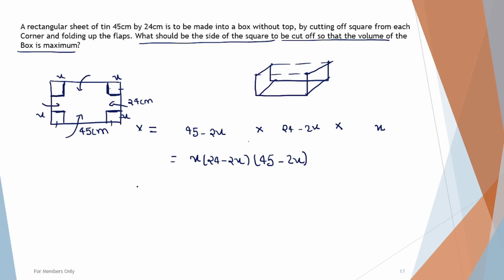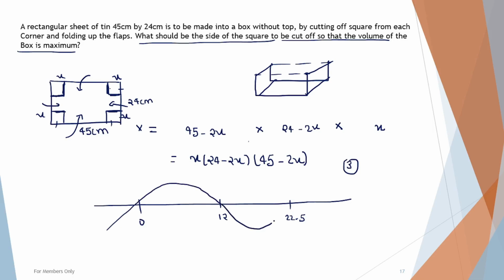So what we'll do is basically get a rough idea about it. At x equal to 0, x is equal to 12 and 22.5, this will give a curve. Since this is a 3-degree polynomial, we'll start from 0, then we'll achieve a maxima and a minima.